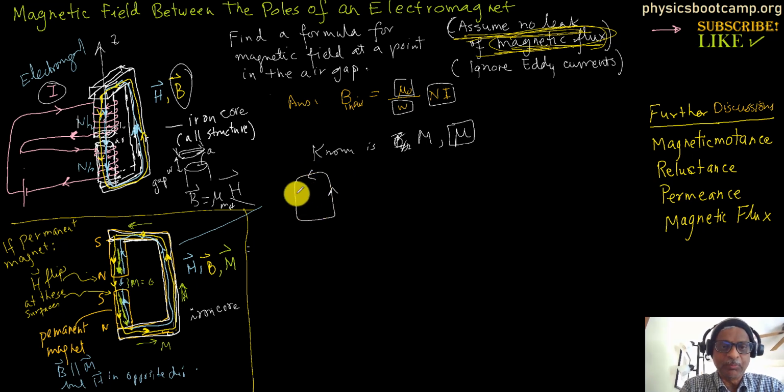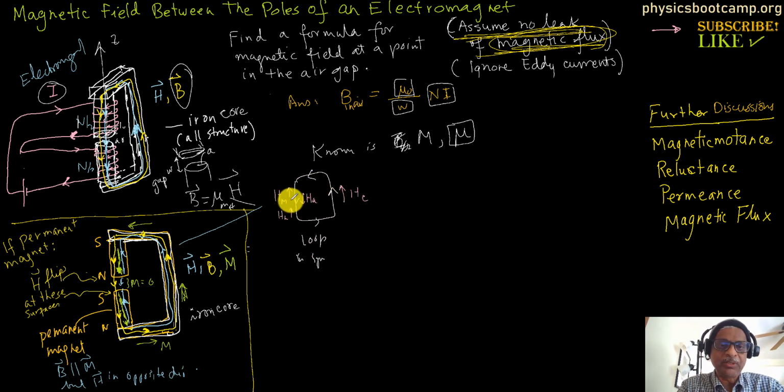So this is a loop in space, and over here H is in the same direction as the loop. Over here the H, let's call it H core, H_M, and H_M is that way, but H_A is that way, in the air.